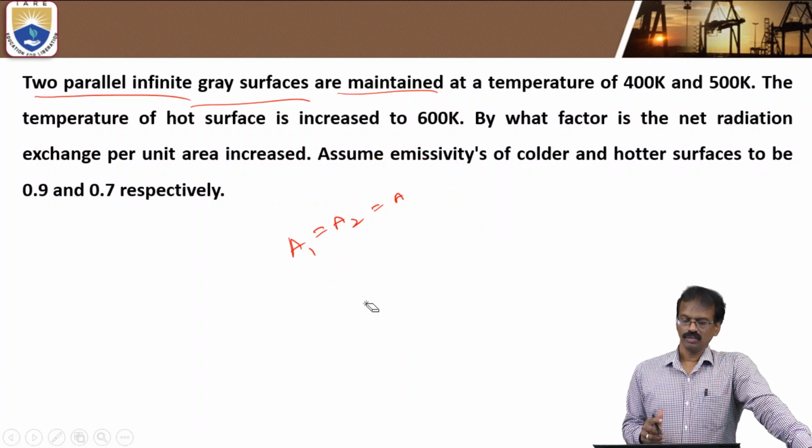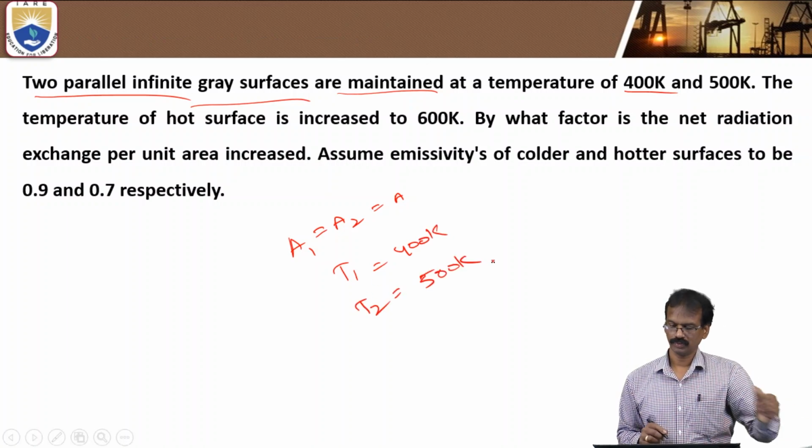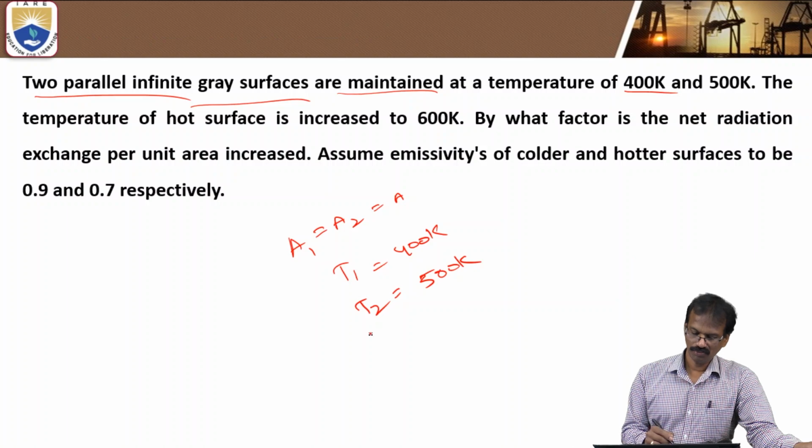Okay. These plates are maintained at a temperature. First plate temperature is equal to 400 Kelvin, second plate temperature is equal to 500 Kelvin. Then the temperature of the hot surface is increased to 600. This is the first condition.